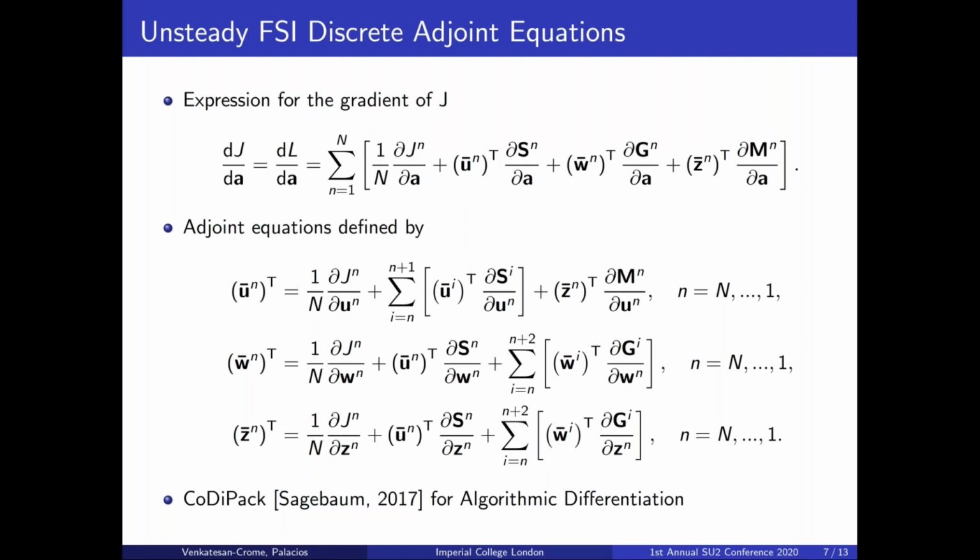When the adjoints are written in this form, we can see the similarities to the static equations, with the differences coming from the need for the additional terms in the summation boxes for the time steps, other than the current one. So we have the n plus 1, n plus 2, etc. These come into the equations as source terms, and the calculation of these new source terms require additional recording and extracting from the AD tapes.